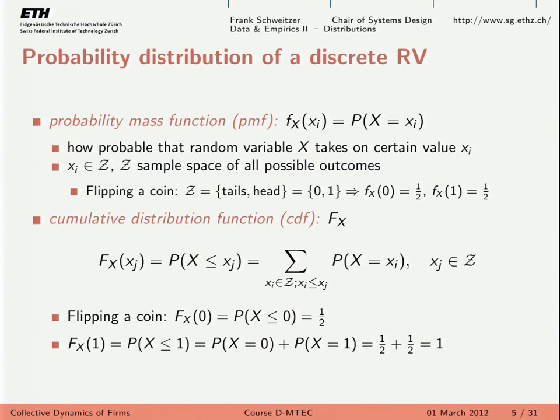Okay, and what we do here is we sum up all the values of this probability mass function up to this level, x_j, and the cumulative value, that means the sum of all of these, gives me this probability.